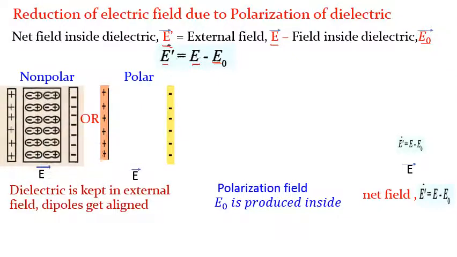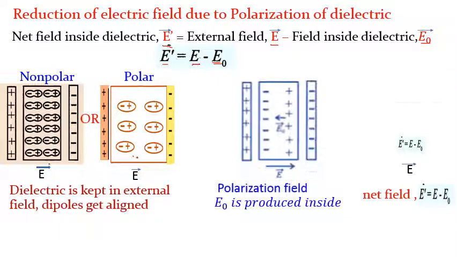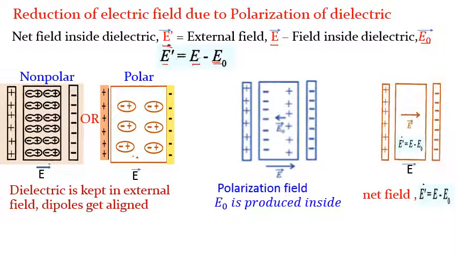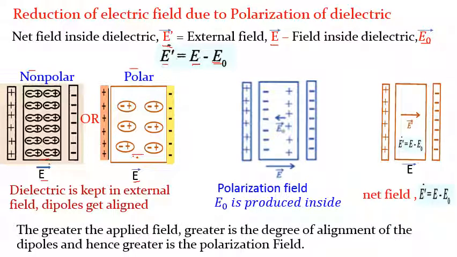Got it? Now in short, see all these four figures simultaneously. Whether the molecule is non-polar or polar, when an external electric field is applied, polarization is there, and in the middle region neutralization is there.